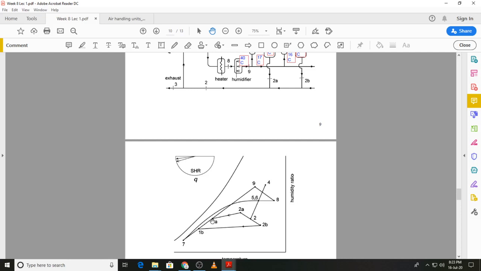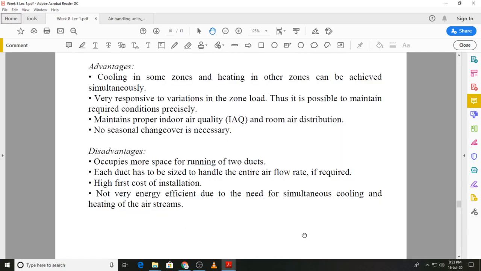We will look at the advantages and disadvantages and move on to another arrangement for conditioning the multiple zones. This type of arrangement has the advantage that it can provide simultaneous heating and cooling in different zones. So if you need heating in one zone and cooling in another zone at the same time, because we can vary the proportion of the air in the mixing box, we can do that.